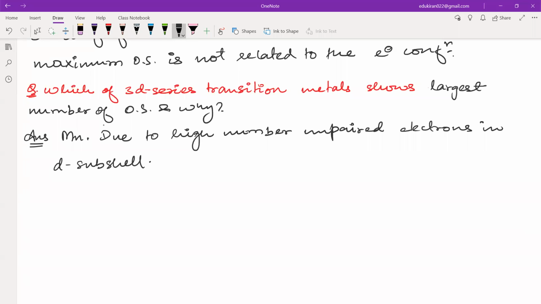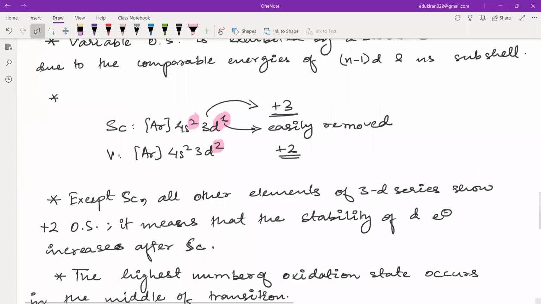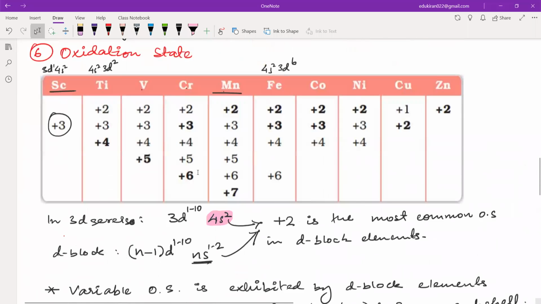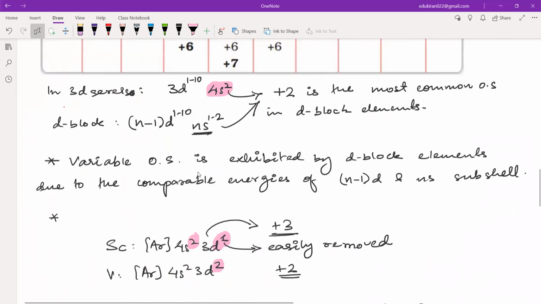Next, that is standard electrode potentials. So which number is this? We have done the 6th and 7th property. Standard electrode potential.